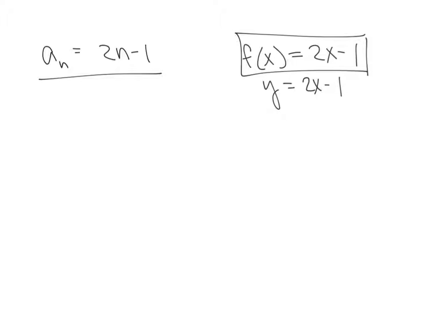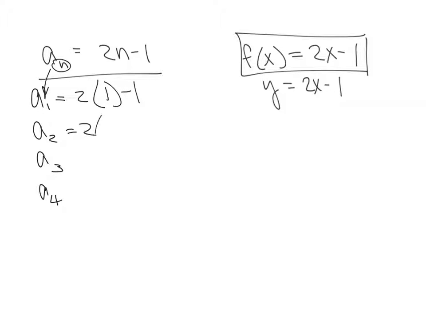So the first 4 terms. That means that we're going to put a 1 in first, then a 2, then a 3, and then a 4, so that we've got the first 4 terms. So this one is going to be, what did we replace n with here? A 1. And we replaced it with a 2 here, a 3 here, and a 4 here.